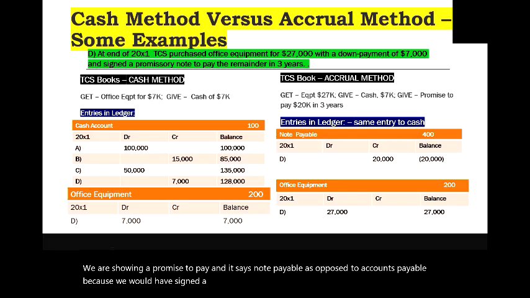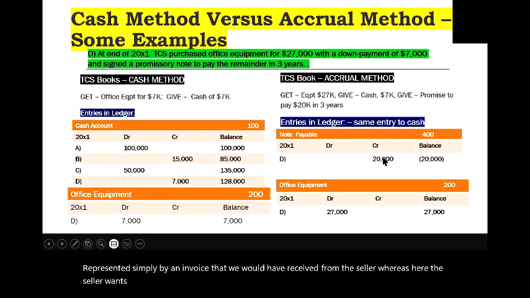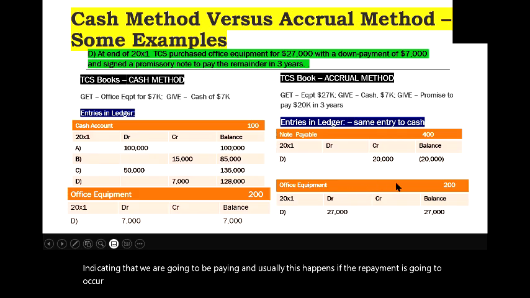So one would be verbal, accounts payable, represented simply by an invoice that we would have received from the seller. Whereas here, the seller wants us to sign, indicating that we are going to be paying. And usually this happens if the repayment is going to occur over more than a year.